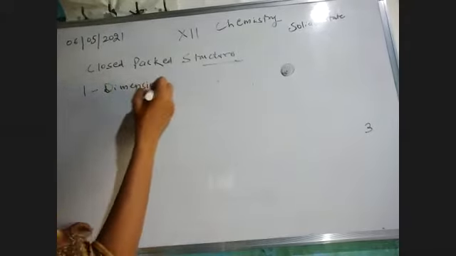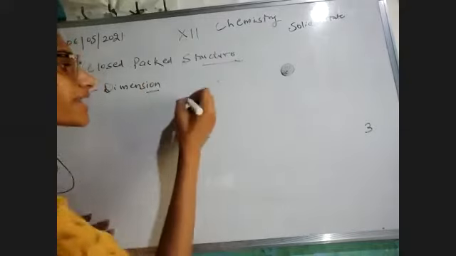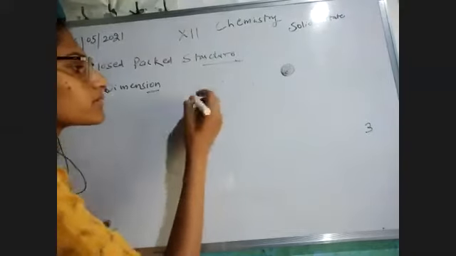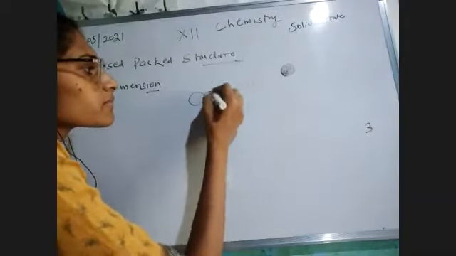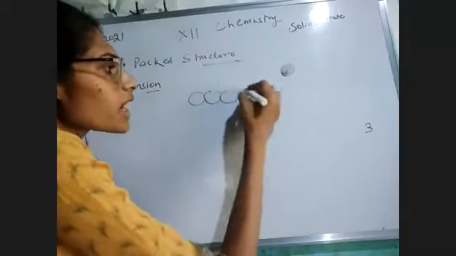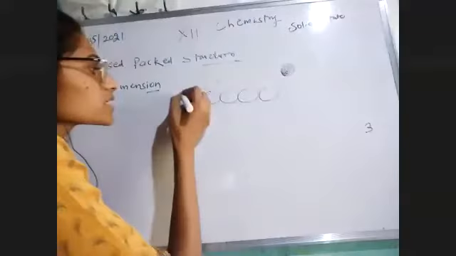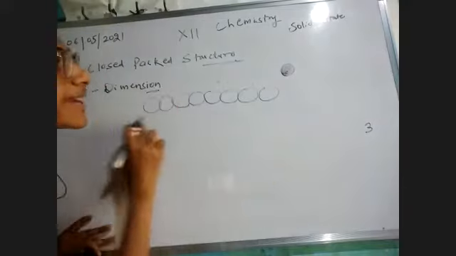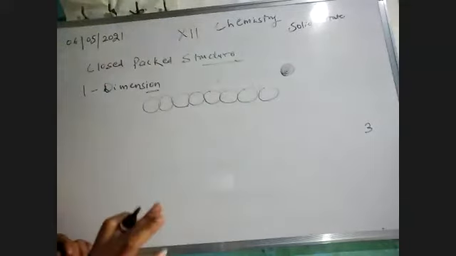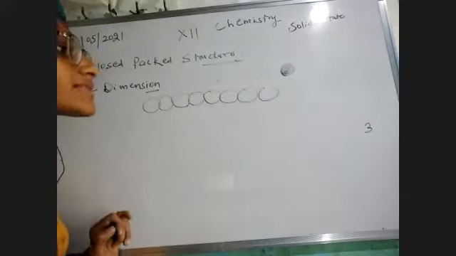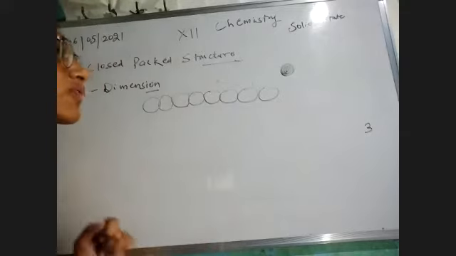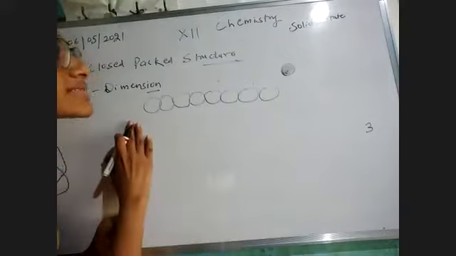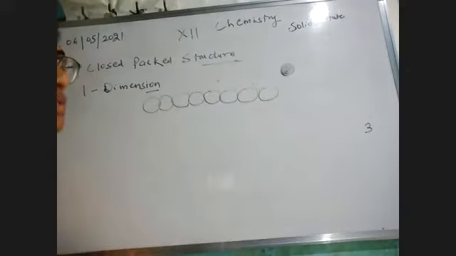Okay, in one dimension, the molecules are arranged in such a way. Since it is one dimension, that means there is only one direction, either x-axis or y-axis, either horizontal or vertical. So we are assuming that this is horizontal, and this is how our spheres are closely packed.